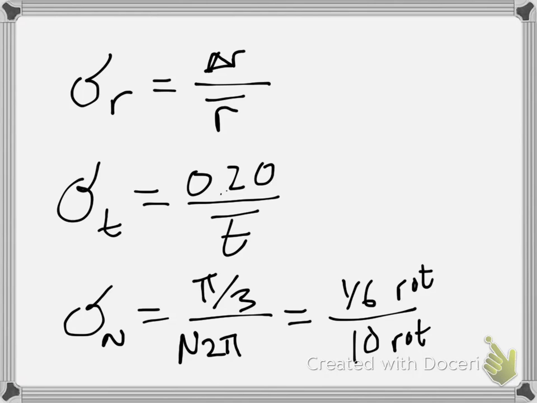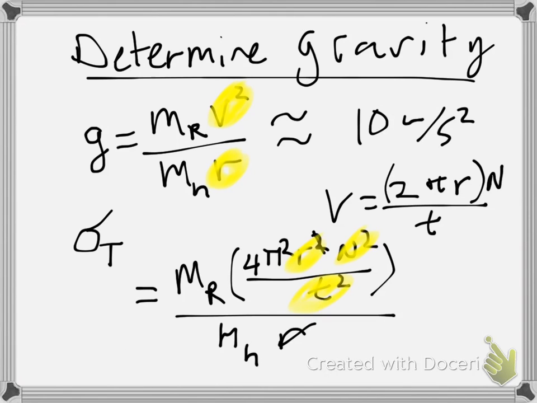Okay. And then once you have that, because we have a square term on n and a square term on t, we have to put a coefficient.